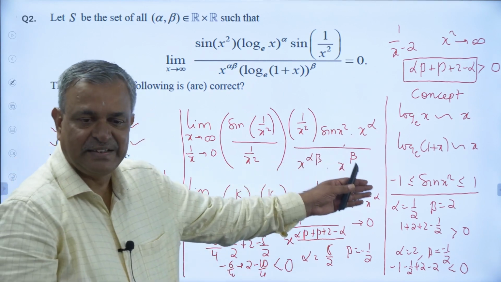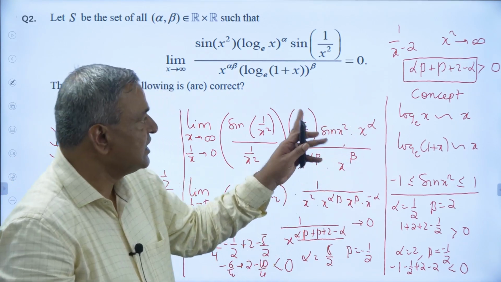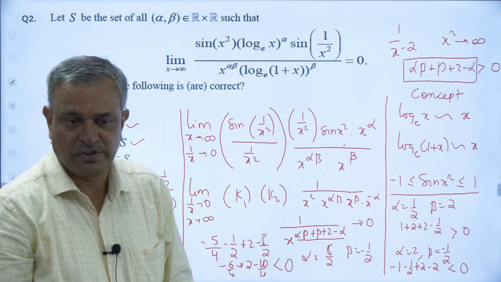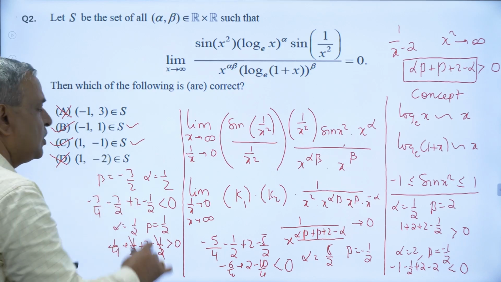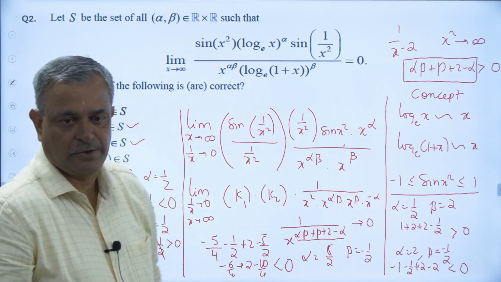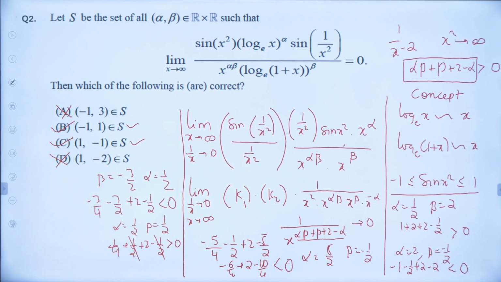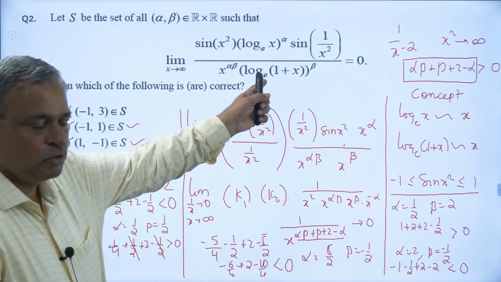This takes a little time, because you have to search for values in such a way that the inequality is greater than 0. So options B and C are correct, A and D are wrong. This is a little tricky problem; there might be very few such questions.